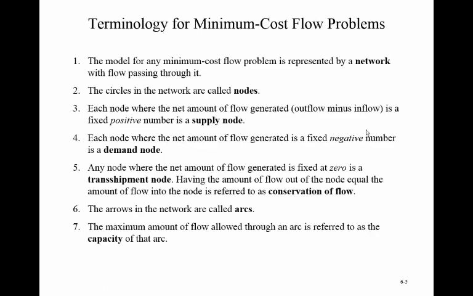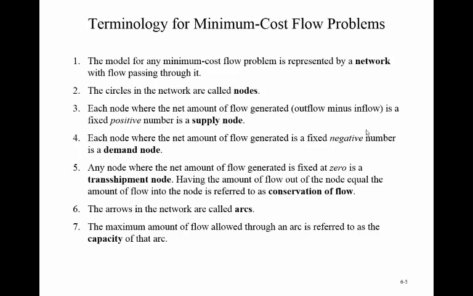Now, a couple of things about these minimum cost flow models we've talked about so far, and that is they're represented by a network. The network consists of a set of nodes, which are the circles in this case, and arcs, which are the connections between those nodes. Each node where there's a net amount of flow generated is a supply node. Each where there's a negative amount of flow generated is a demand node, as in the case of the warehouses.